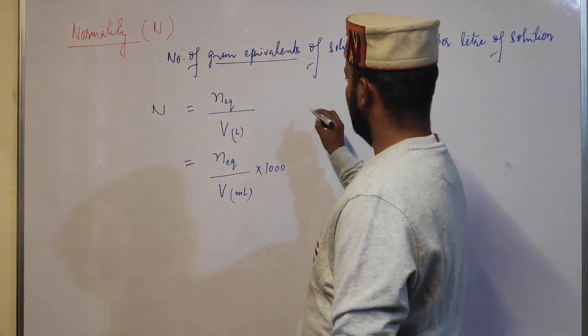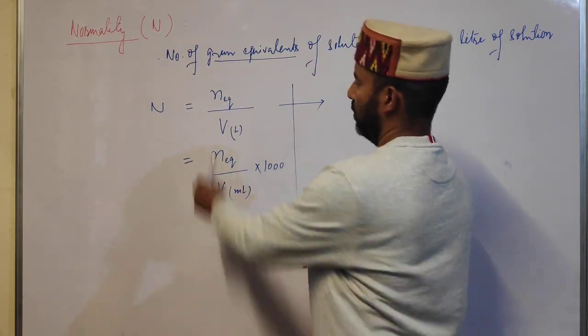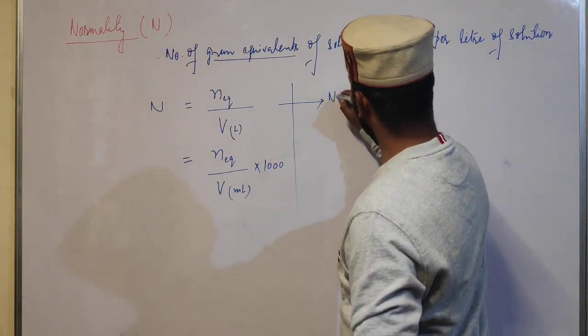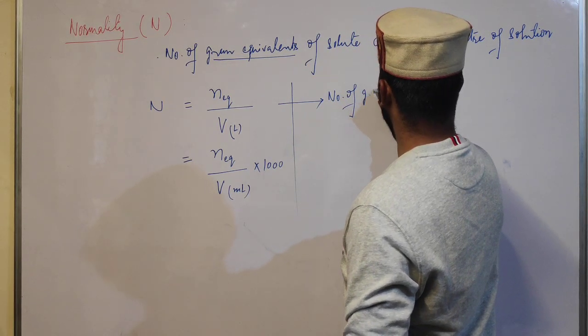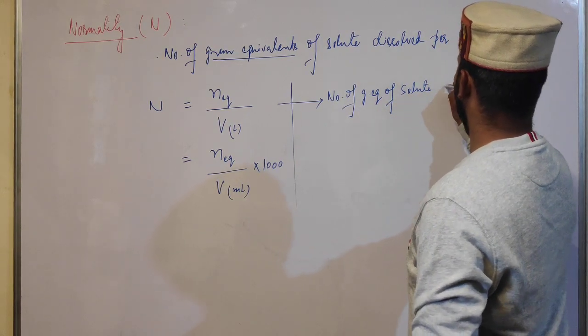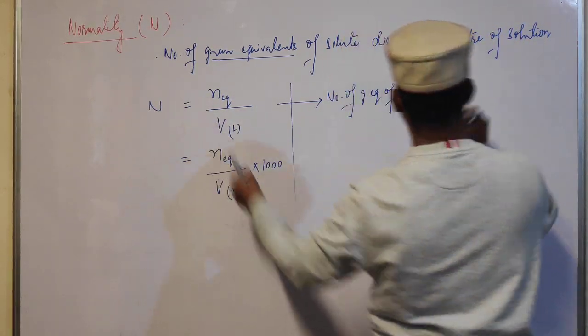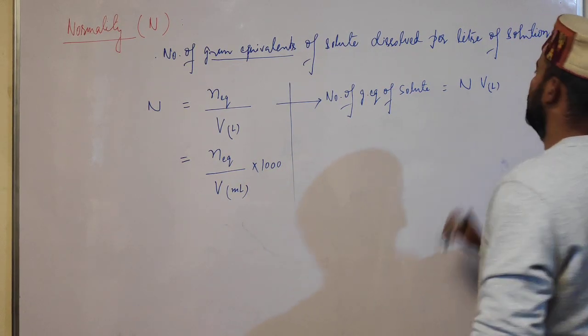Now students, from this result, the number of gram equivalents of solute can be calculated. How? This will be normality into volume, and the volume should be in liters.